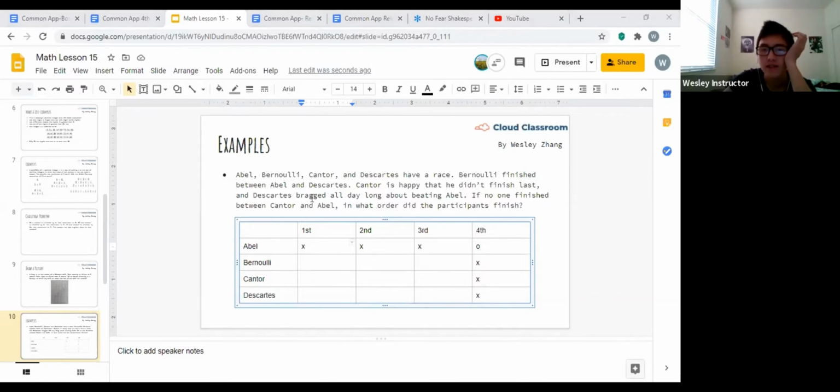All right. So if no one finished between Cantor and Abel, and Abel finished 4th, that means Cantor finished 3rd. So once again, no one else is in these places. So we have Bernoulli and Descartes.